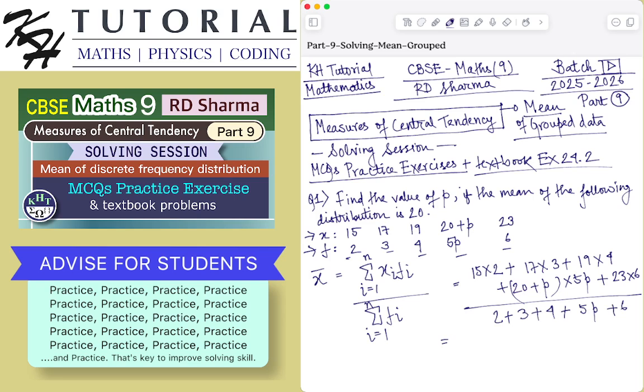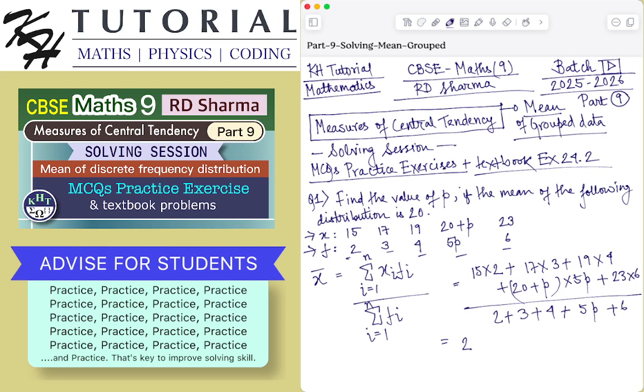If I further simplify this, let me use the calculator, but you should never use a calculator to solve the problems. 30 plus 51 plus 76 plus 138 is 295.